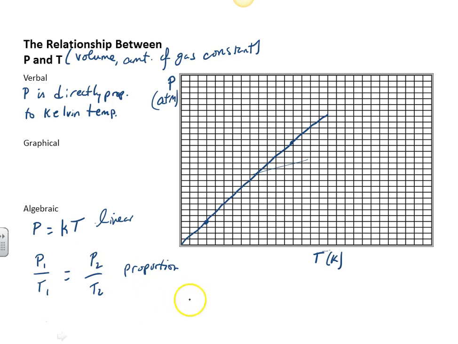This law is known as Gay-Lussac's law, and it is the relationship between pressure and temperature.